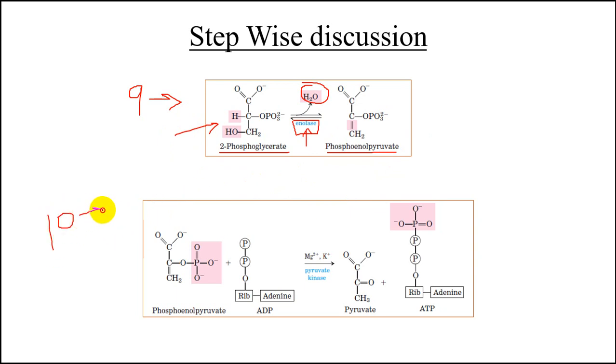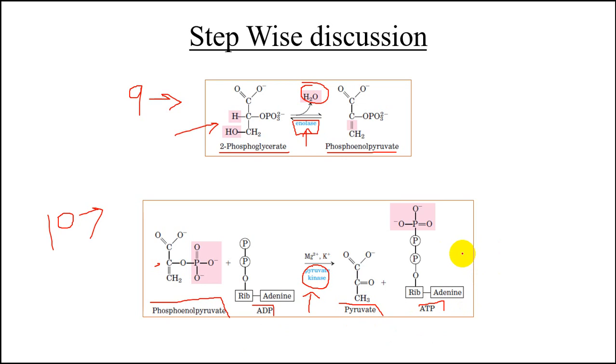Now the 10th and the final step. Here the phosphoenol pyruvate is converted to pyruvate with the help of pyruvate kinase. Here the phosphate group attached to the 2 carbon of phosphoenol pyruvate transfers to a molecule of ADP and it will yield ATP in the final step.